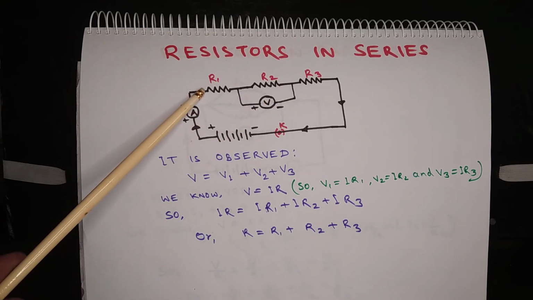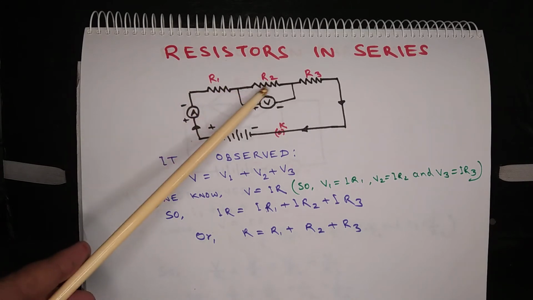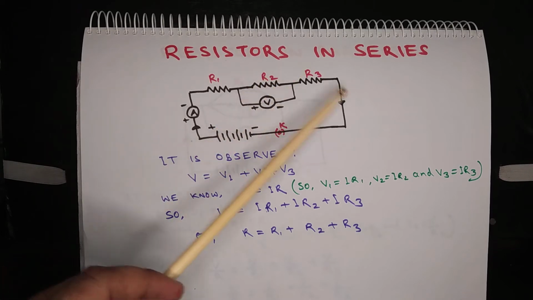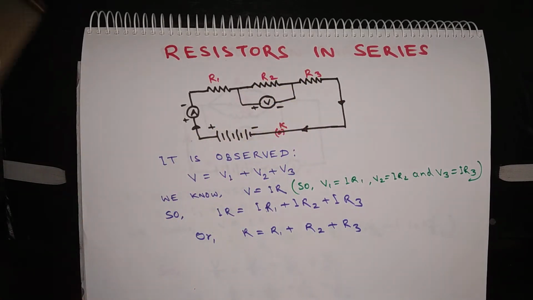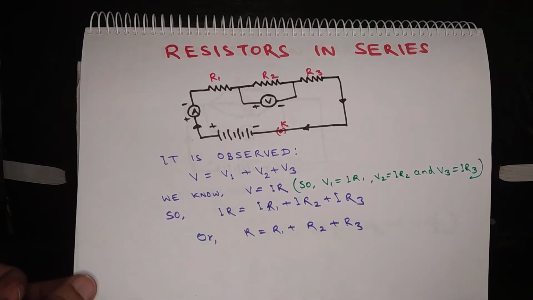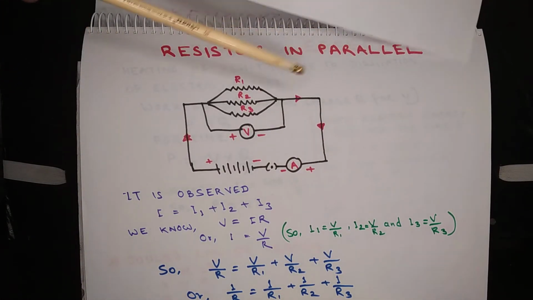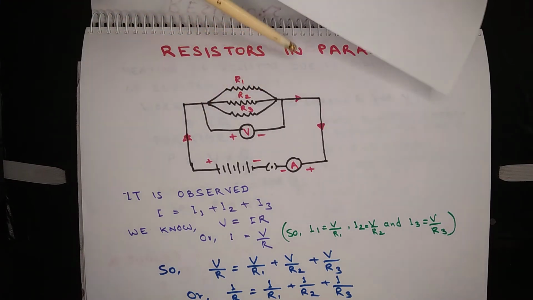One end of this resistor is connected to the battery, and the other end is connected to another resistor. This resistor is connected to this one, and finally the terminal end of this resistor is connected to the battery. In case of parallel resistors, what happens? All the resistors, both their points, are connected with the battery.